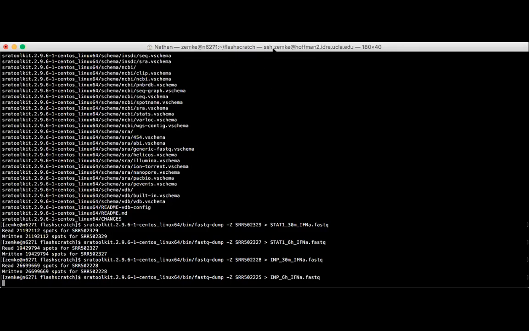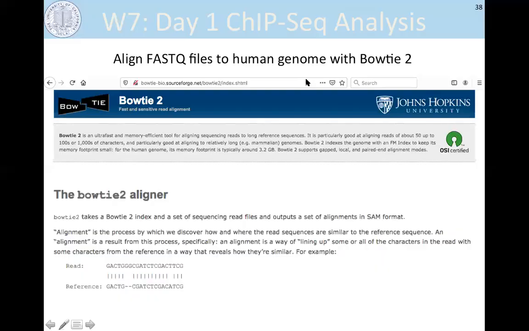All right, while the last one is finishing, I will talk about what we're doing next. I hope this is showing up. We are going to align our FASTQ files to the human genome using the Bowtie2 program.